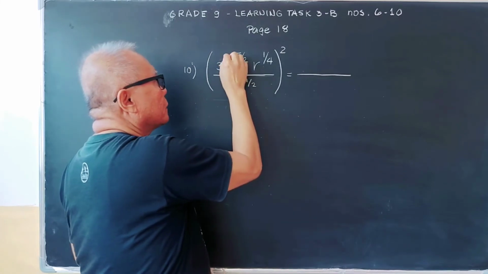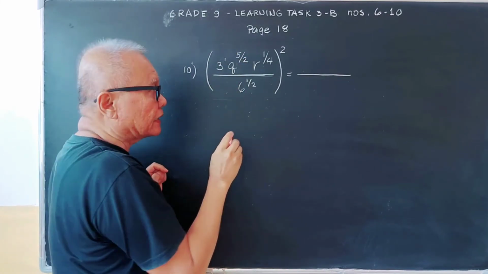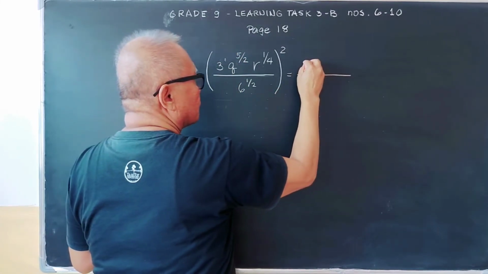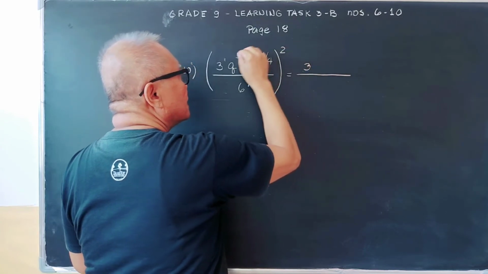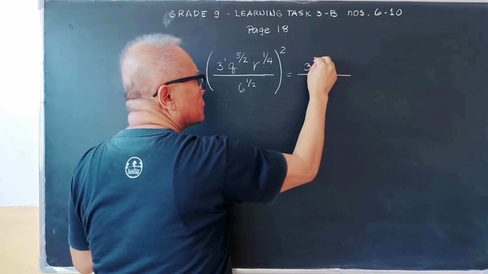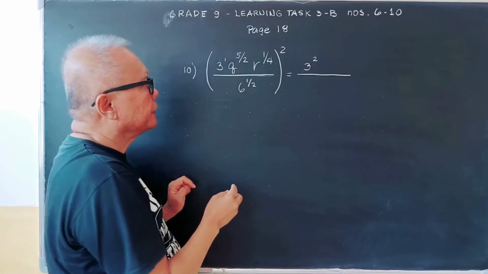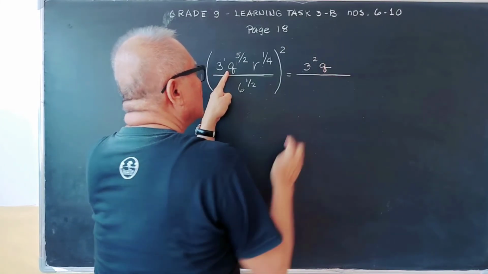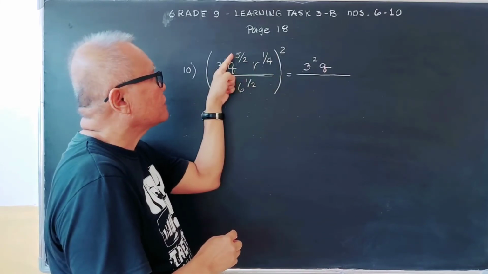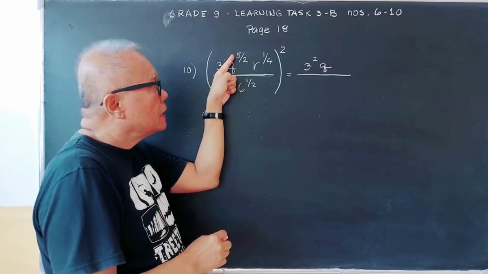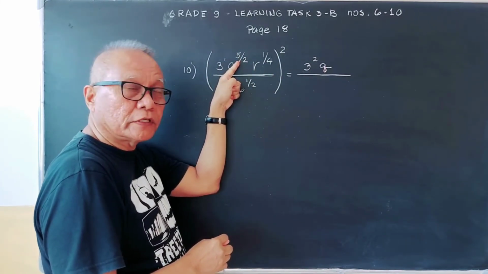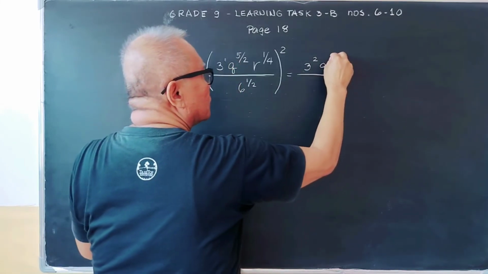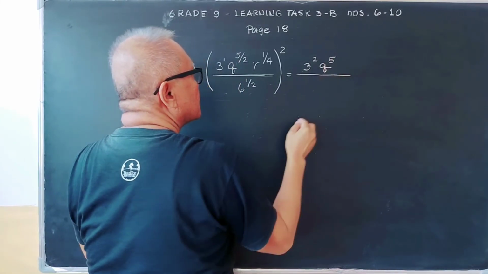Okay, number 10. Yung 3 may 1. Laging kalilimutan kahit number siya. So, you have 3. 2 times 1 is 2. 3 squared. And then yung Q, diretso na natin. 2 times 5, 10. Divided by 2 is 5. So, yung Q natin is to the 5th.